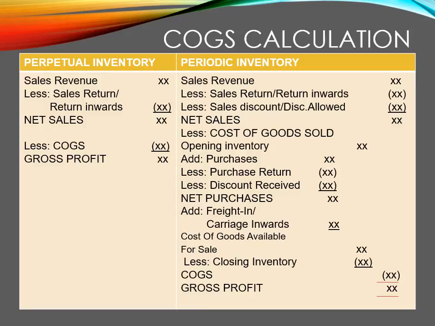So your list will be shorter than the periodic inventory system, because you only need to have the sales revenue deducted with the sales return and also the sales discount if you have. Then the net sales will be deducted with the cost of goods sold to arrive at the amount of gross profit.